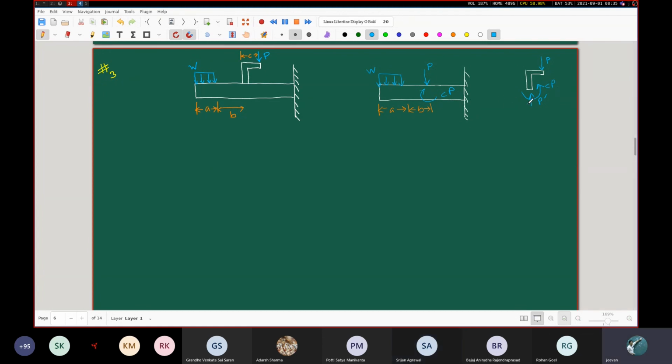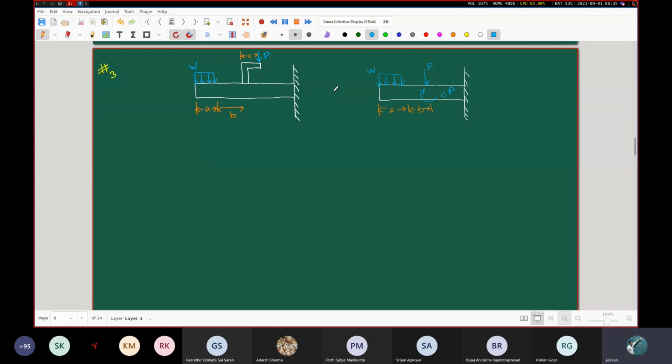Correspondingly, there will be an equal and opposite couple exerted by the frame on this beam, of the opposite sense, which is like this. So it is correct. But very good question. I like this kind of discussion.